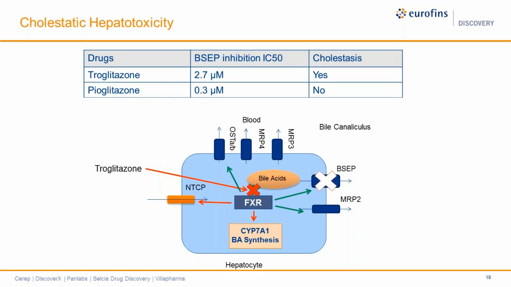Moreover, research by Chen in 2018 showed that the correlation between BSEP inhibition and DILI outcome is not significant. BSEP inhibition alone may not be predictive for cholestasis. Therefore, combining the screening of BSEP with FXR antagonist and agonist screening will help improve the prediction of cholestasis.